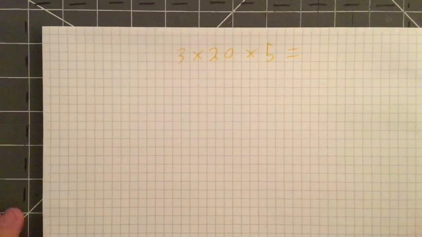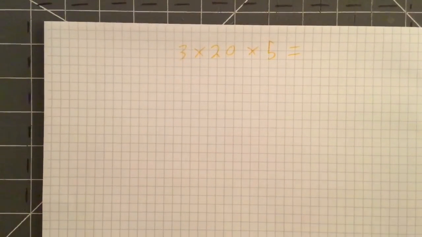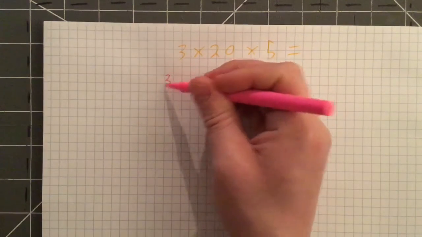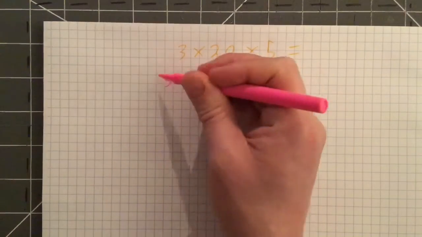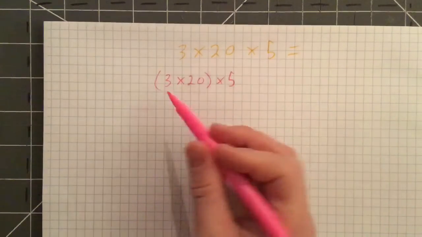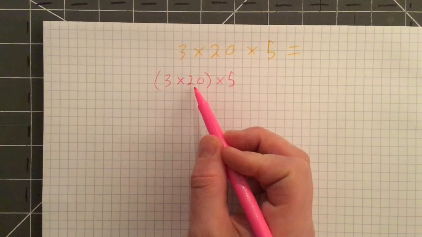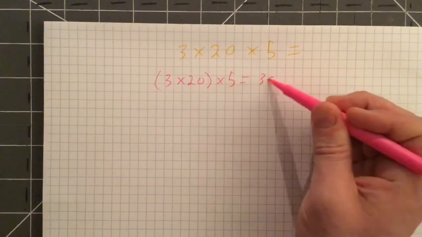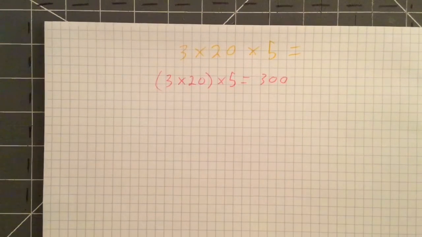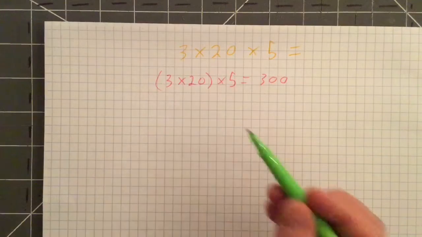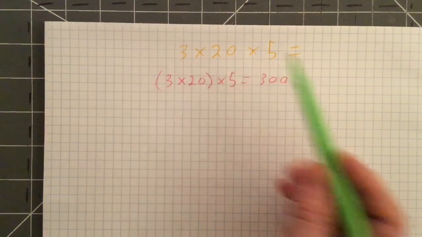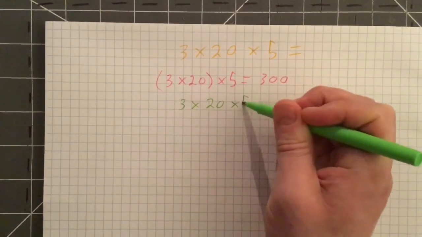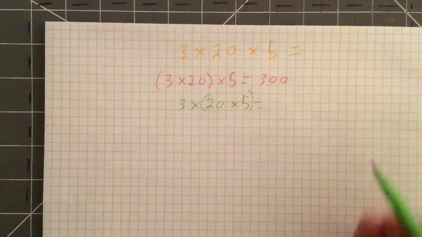Let's try it again with a different equation. Here we've got 3 times 20 times 5. Let's write this out in a few different ways. So we could start off with 3 times 20 and then multiply that by 5. 3 times 20 is 60. Times 5 is 300. What if I move those parentheses around? Instead of putting them between the 3 and the 20, what if I did 3 times 20 times 5, and my parentheses were over there?